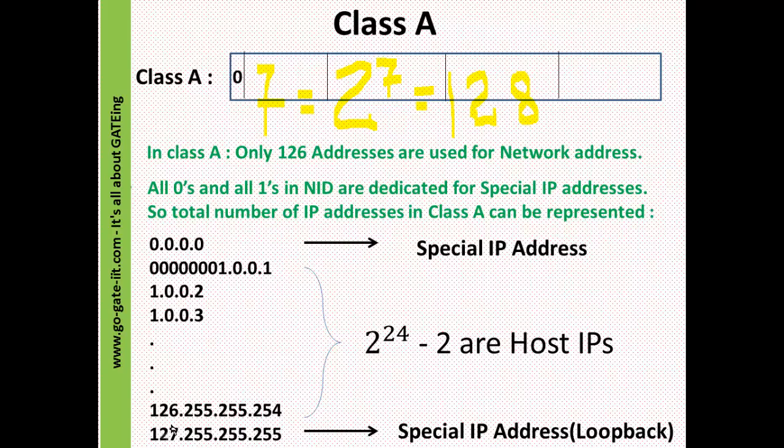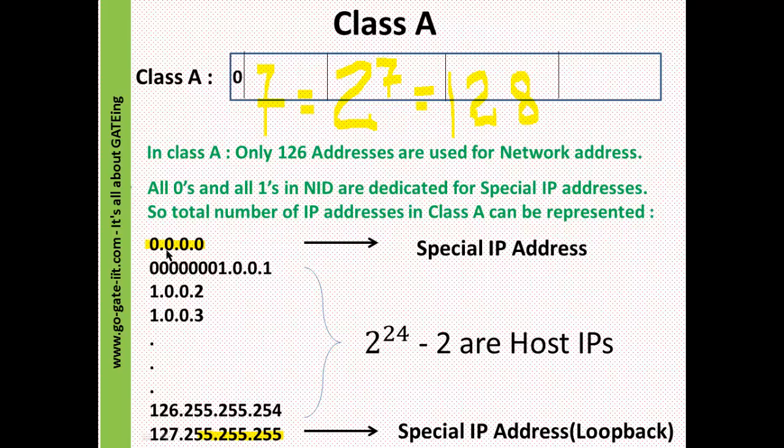So 0 to 127, as I said, is the network ID. The very first address and the very last address are the 2 special IP addresses. This special IP address 0.0.0.0 is this network. Whatever communication you want within the network, this IP address 0.0.0.0 is used, which is reserved or called a special IP address.